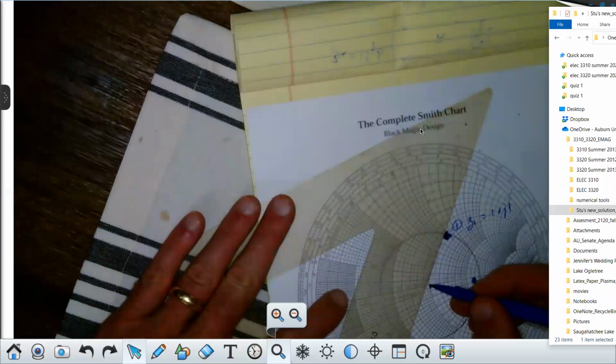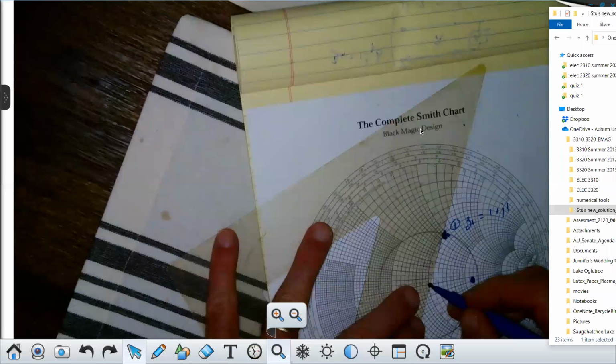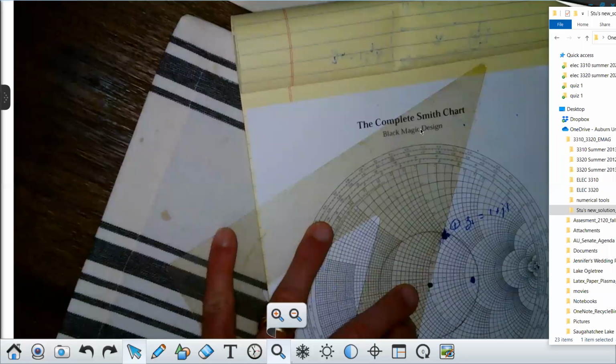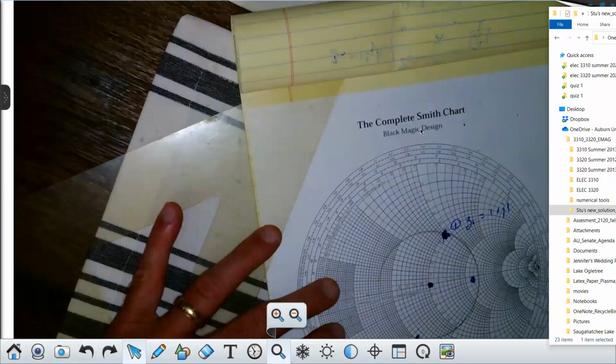You can just calculate the value and plot the point. But if you go right through to this point right here and make a mark, this is YL. It's 1 over ZL. So that would be 0.1. This would be 0.2. Are you with me, everyone?